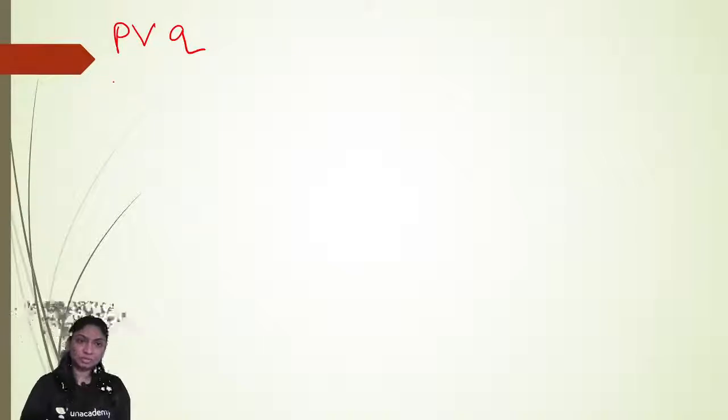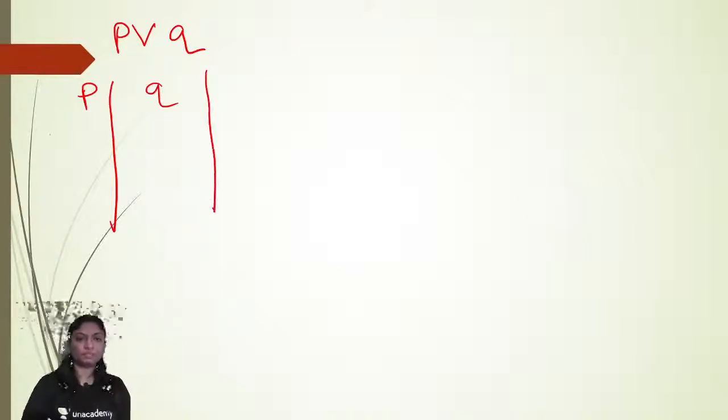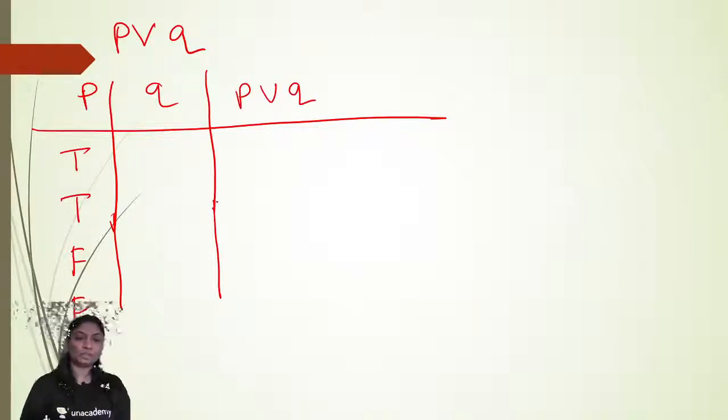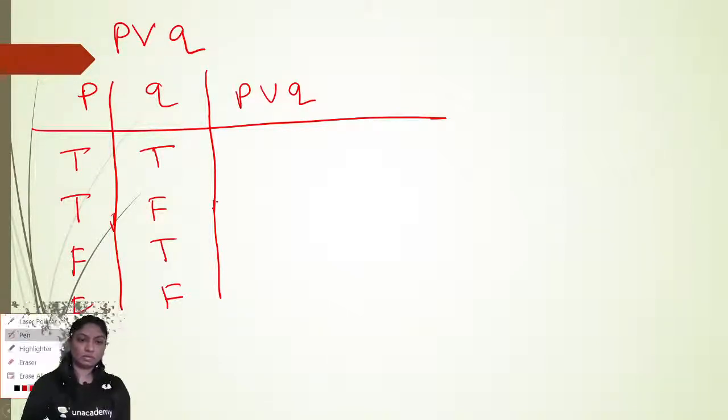Now we will see the truth table for P or Q. P: true, true, false, false. Q: true, false, true, false.